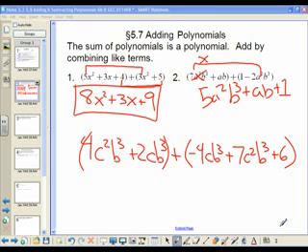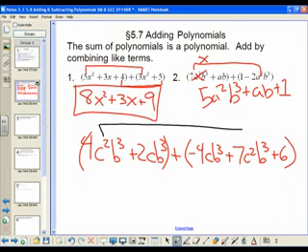Now this one, we have a c squared b cubed term, we have a c b cubed term, and we have 6. So 4c squared b cubed can only be added to what? The 7. So the 4 and the 7 are going to get added together. So I get 11c squared b cubed.